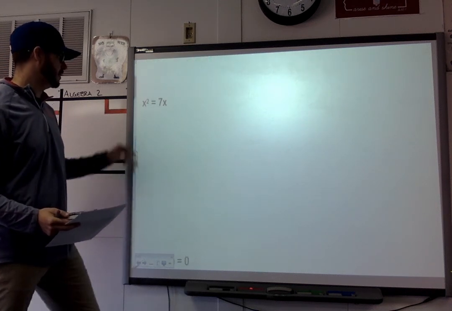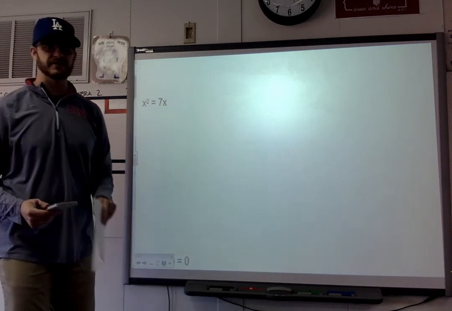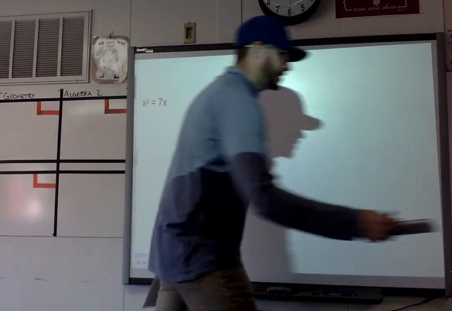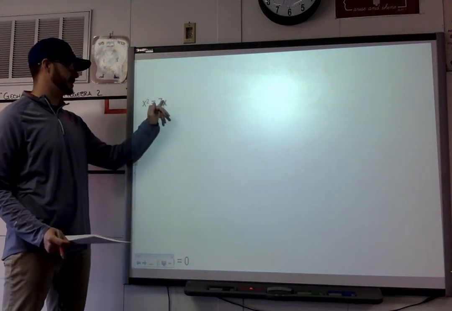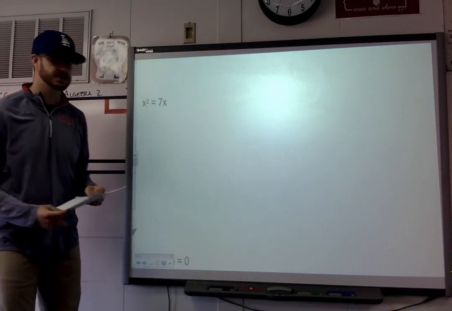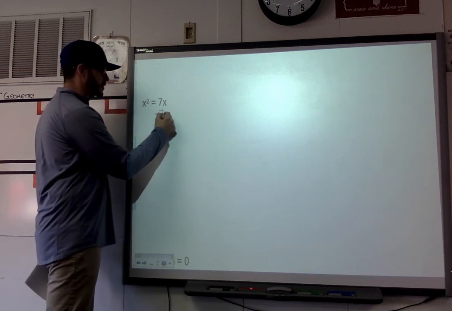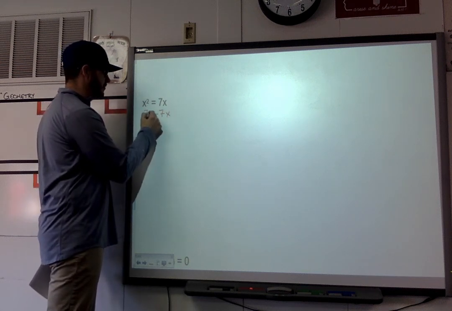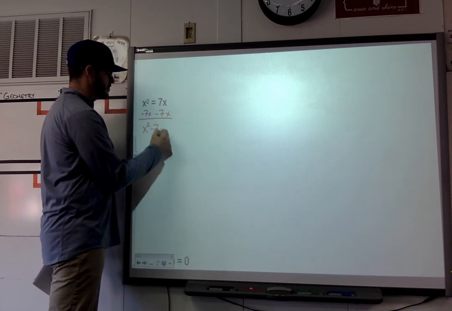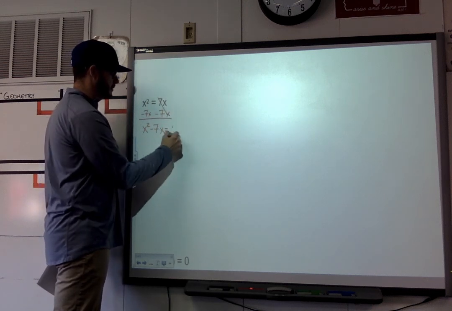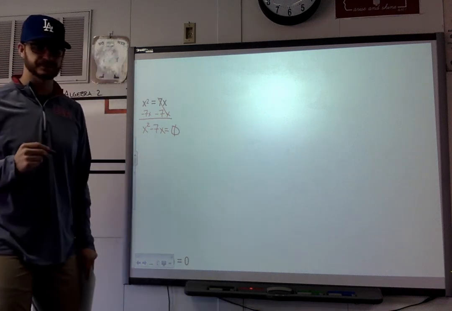For this one, x squared equals 7x. So we can't start by just setting things equal to 0 because we have to have this whole thing set equal to 0. So what we're going to do is subtract 7x from both sides, which gives us x squared minus 7x equals 0.